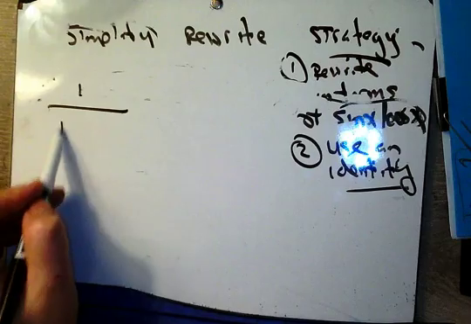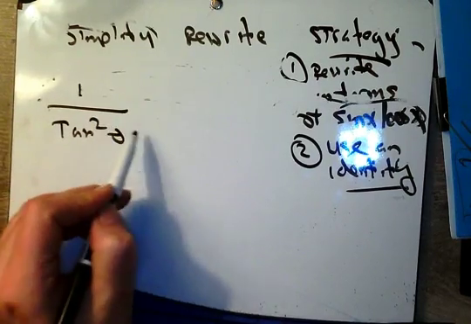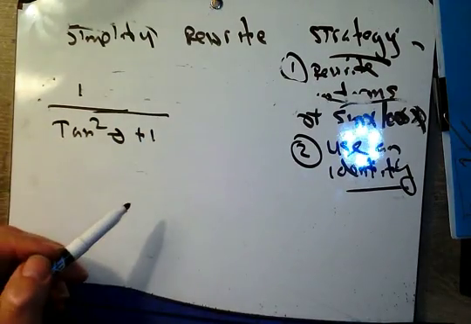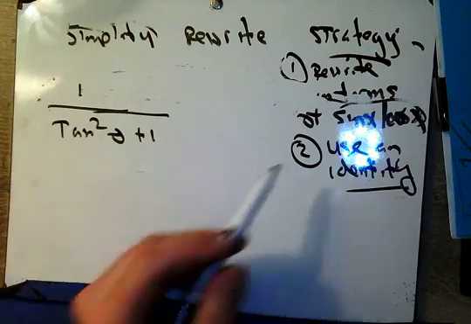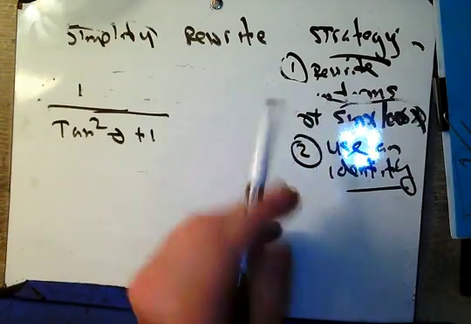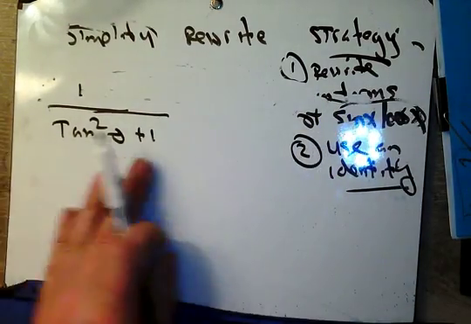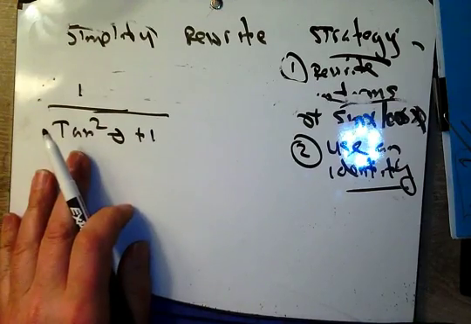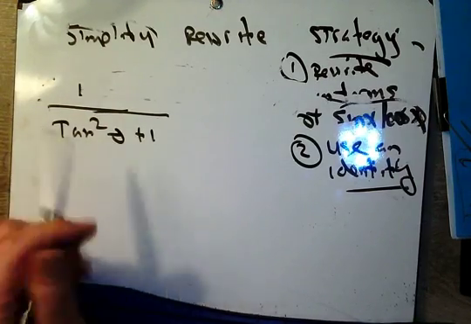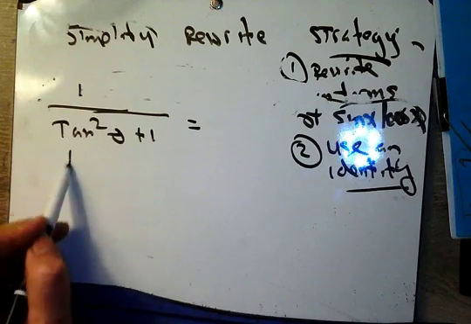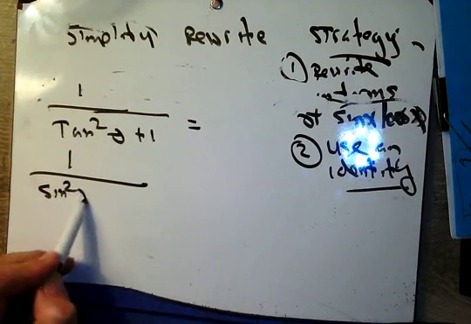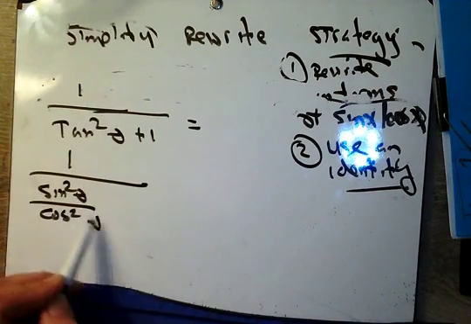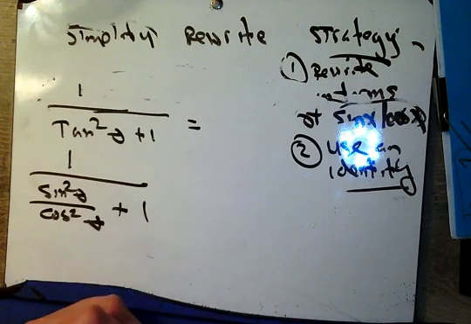1 over tangent squared theta plus 1. Okay. Well, I could rewrite this in terms of sines and cosines, but I don't think that's going to make this easier. But let's do it. Let's see what happens. This is going to be 1 over sine squared theta over cosine squared theta plus 1.